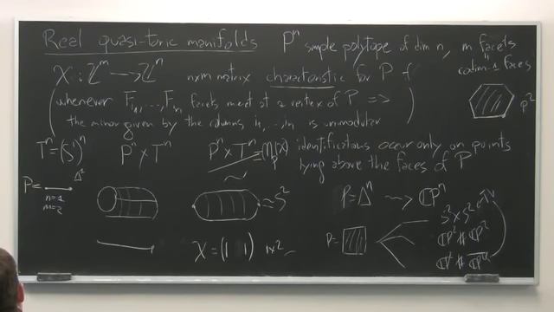Okay, maybe that's all I wanted to say for now about these quasi-toric manifolds. I'll tell you about the real part of such manifolds. I'll first give you a very similar construction, and then try to motivate a little bit why this is relevant.